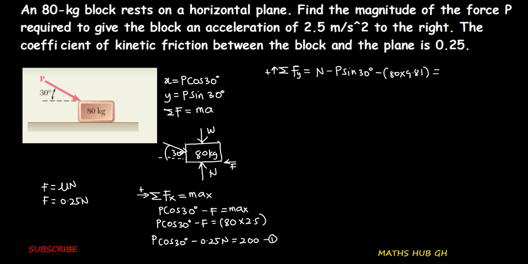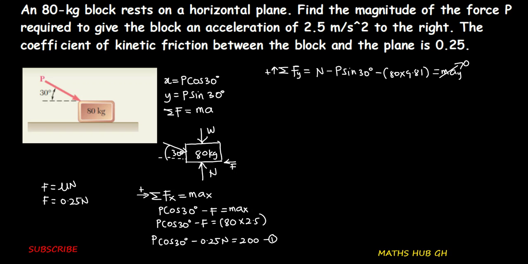This should be equal to the mass times the acceleration of the block in the y direction, but the block is moving horizontally, so it will not have acceleration in the vertical direction. This term becomes zero because the acceleration will be zero.